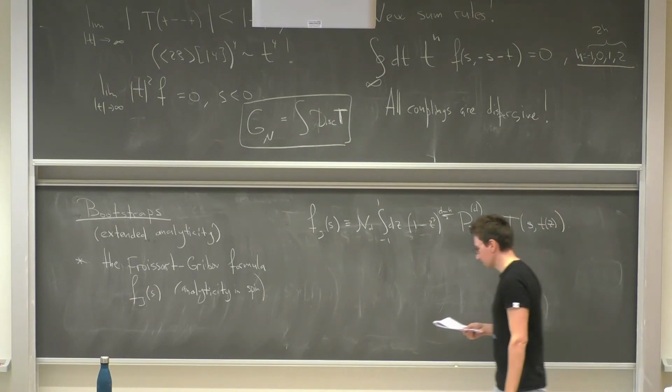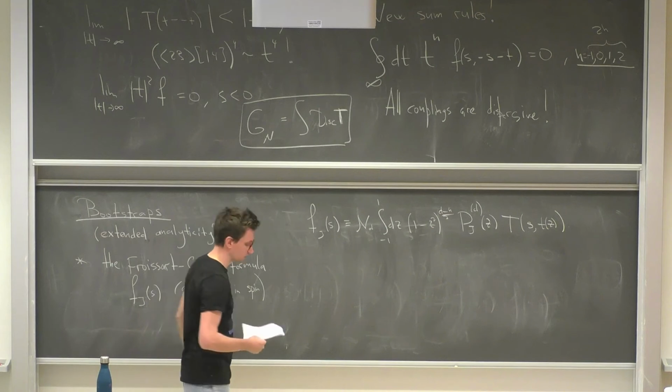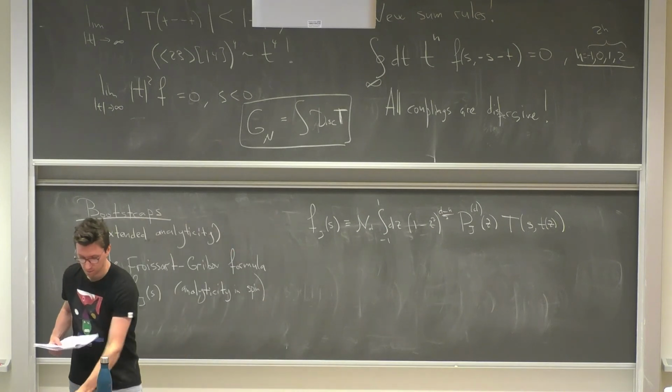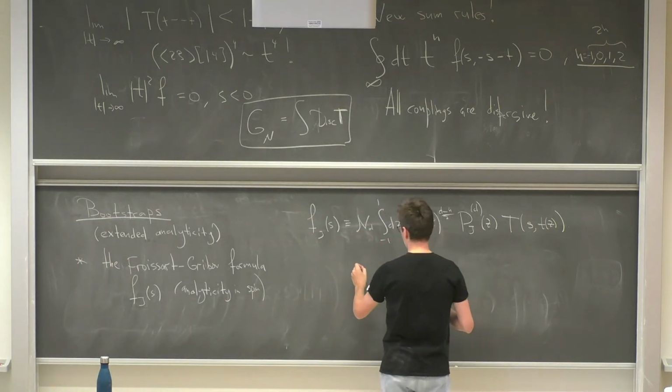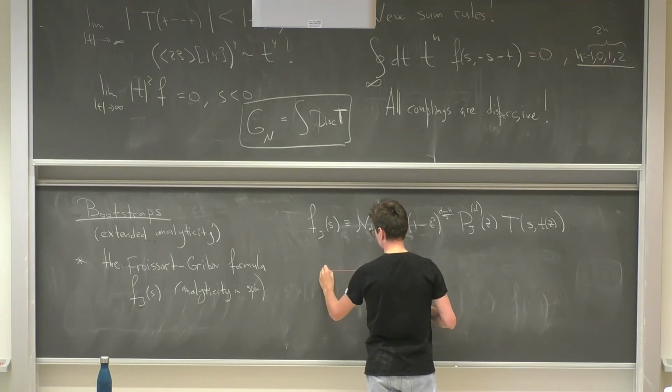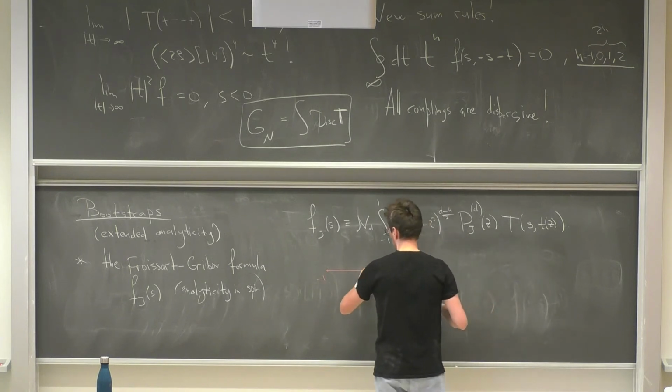So what happens is that you can rewrite this integral as a contour integral. Say we have some integral between -1 and 1. You can rewrite it instead as a contour integral.